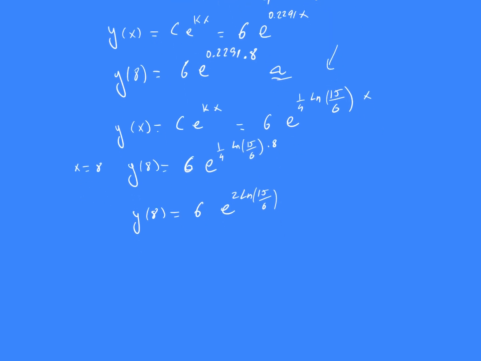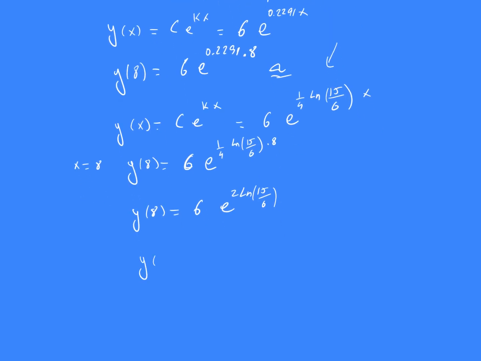So y of 8 will be 6 e to the natural log of (15 divided by 6) squared. So y of 8 is 6 times (15 divided by 6) squared. And this is y of 8.